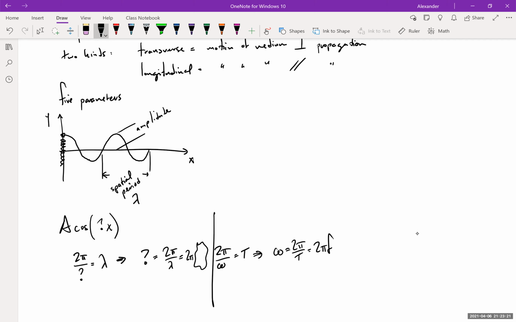Okay. The terrible name we give for this phenomenon is wave number.